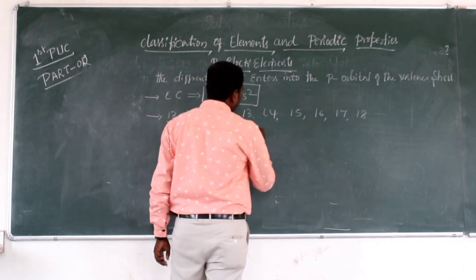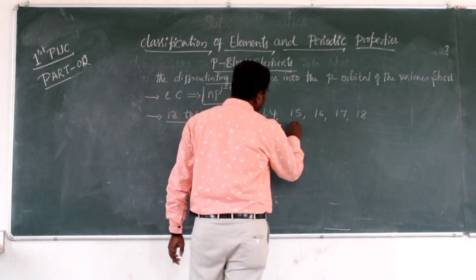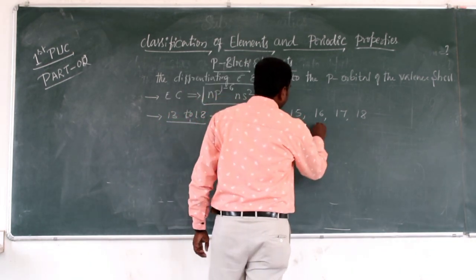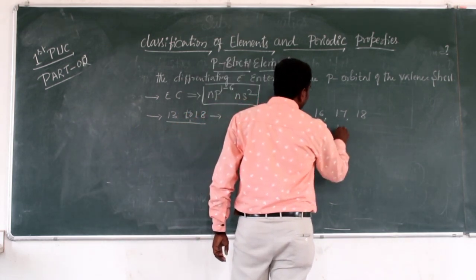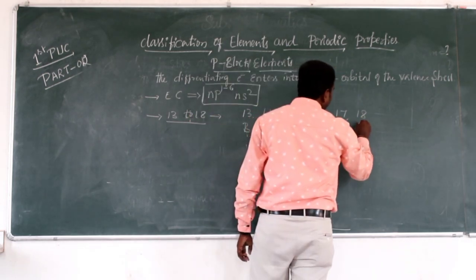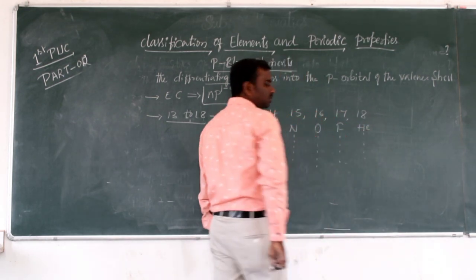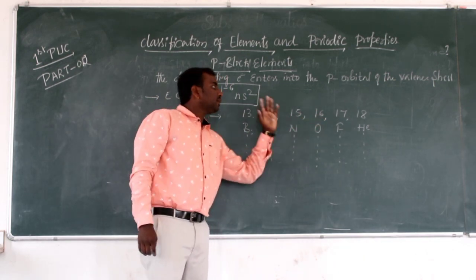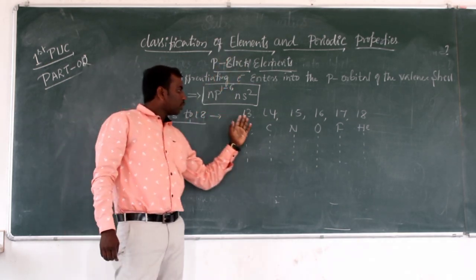And next 14 is carbon family. 15 is nitrogen family. 16 oxygen family. And 17 is halogen family. And 18 is noble gases. Right? Okay, these type of elements are present in P block elements.